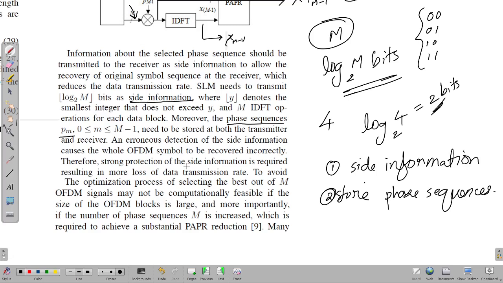Another very important drawback of SLM is that if the receiver decodes the side information wrongly, if there is an error in decoding the side information, then the phase sequence is going to be wrong. Erroneous detection of side information causes the whole OFDM symbol to be recovered incorrectly.